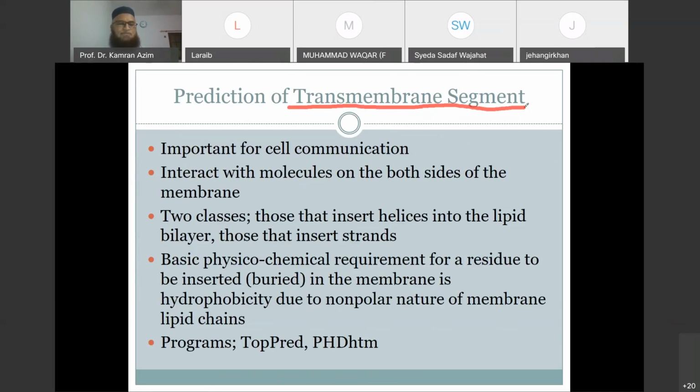They are involved in drug action. There are many membrane proteins which interact with drugs, which interact with hormones, and so on. So the transmembrane proteins are very important.